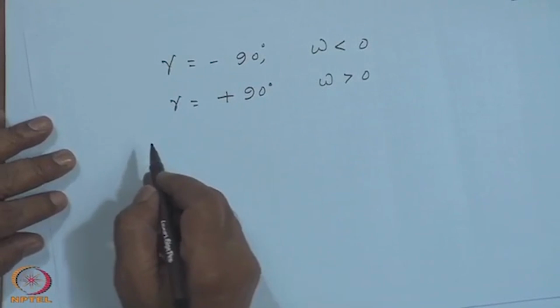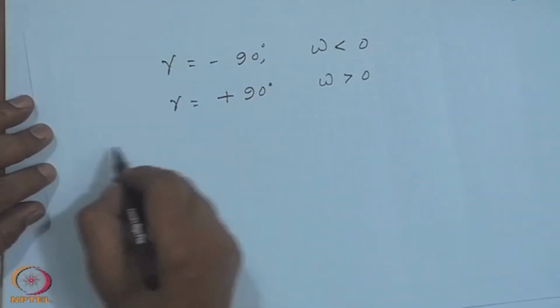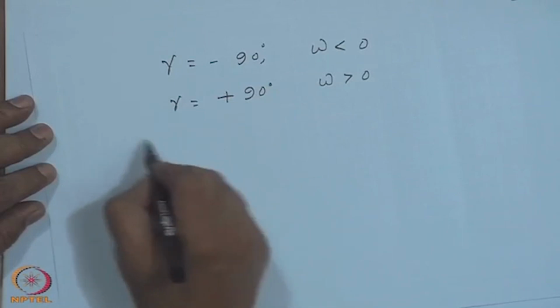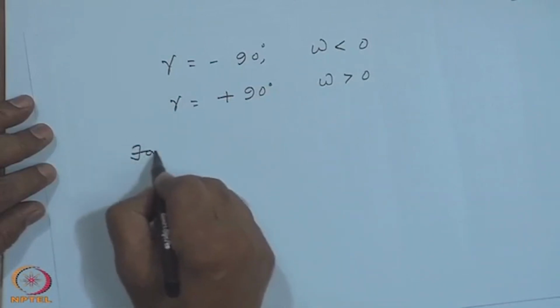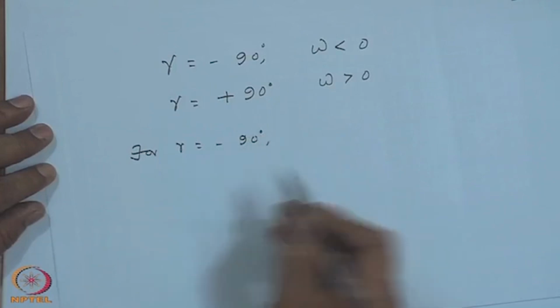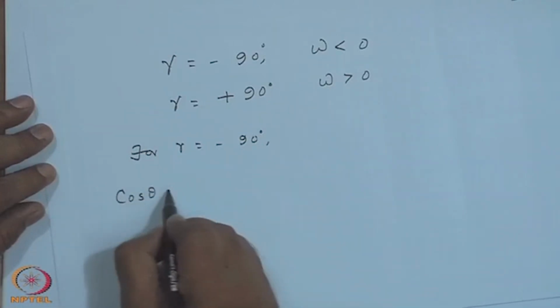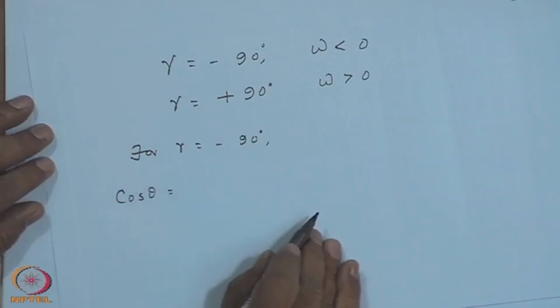So, the general equation for cos theta, if I choose to examine, let us say, gamma equal to minus 90: we have our general equation cos theta is equal to a plus b cos omega plus c sin omega, and in that a, b, c are defined in terms of phi, beta, delta and gamma.